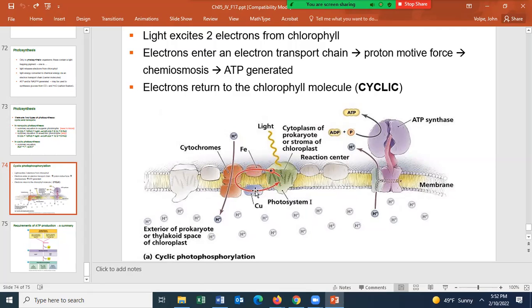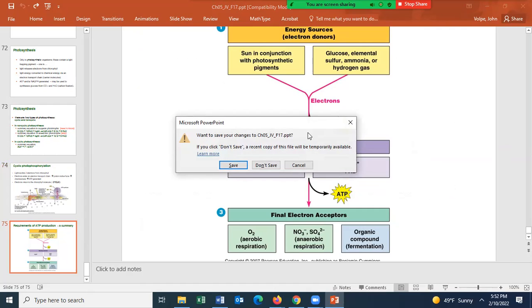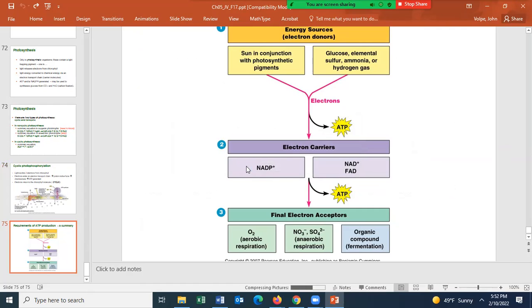Showing you right here. All right, nobody's going to comment, so we're just going to move forward. Any questions about the generation of ATP? If not, let's move on to chapter 6.